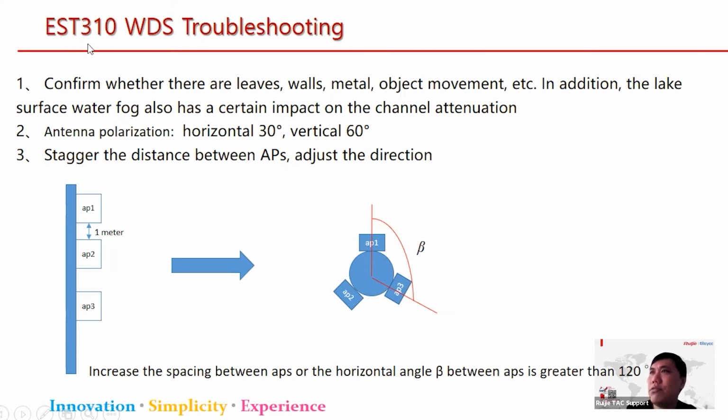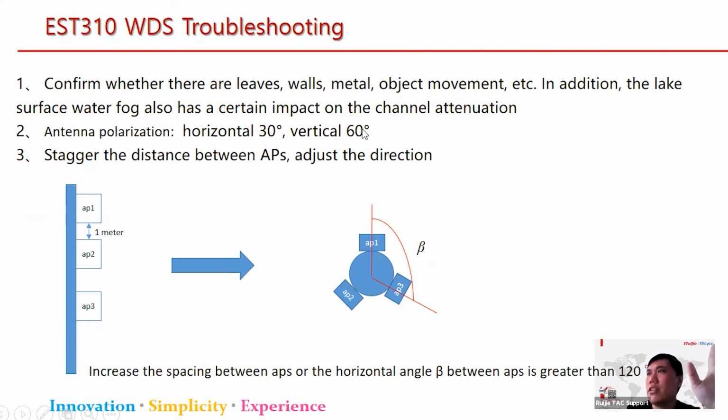So for EST350, the antenna polarization is narrower, because it is meant to support even further locations. Up to 5 km can be supported for EST350. You can see the horizontal is sharper, 30 or 40 if I'm not mistaken.